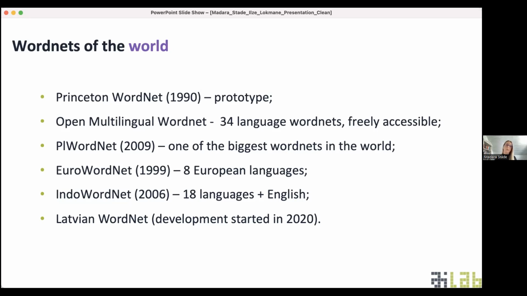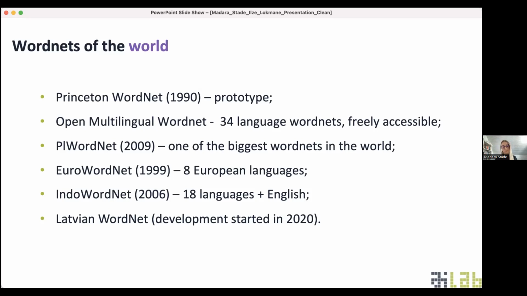But what we can see is that these separate tools are being united into bigger WordNet structures, which combine up to 34 or more languages. And the open multilingual WordNet is also free access and helps to work with more than one language at any given time. There's also WordNets that combine European languages specifically, and there's also an interesting development in the Indian languages section where they have an Indo WordNet, which combines 18 languages spoken across India plus English.